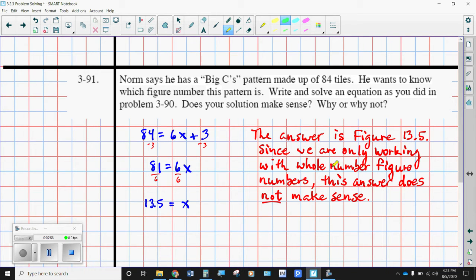And since we've only been working with whole numbers, I would say that this answer does not make sense. Okay? That's just me, though. If you say no, I'm okay with us having decimal or fractional figure numbers, then I guess it would make sense to you. But we haven't been working with those, so I'm just going to say let's not go in that direction.